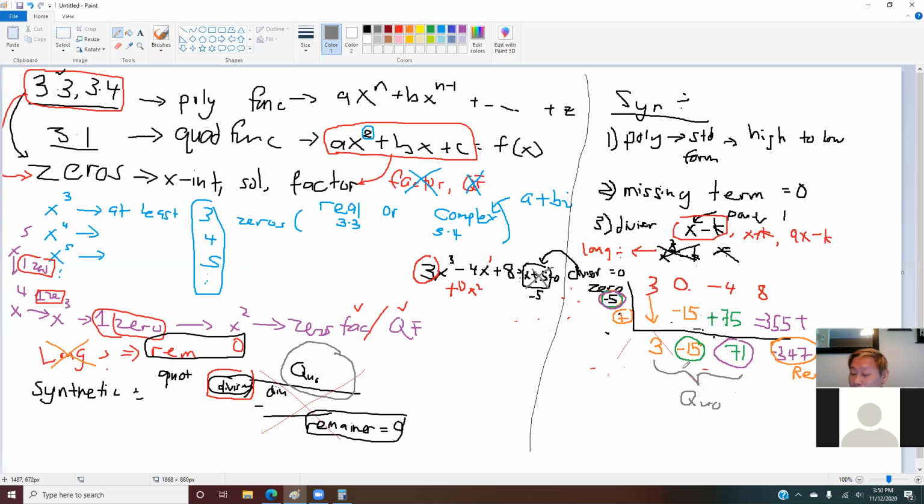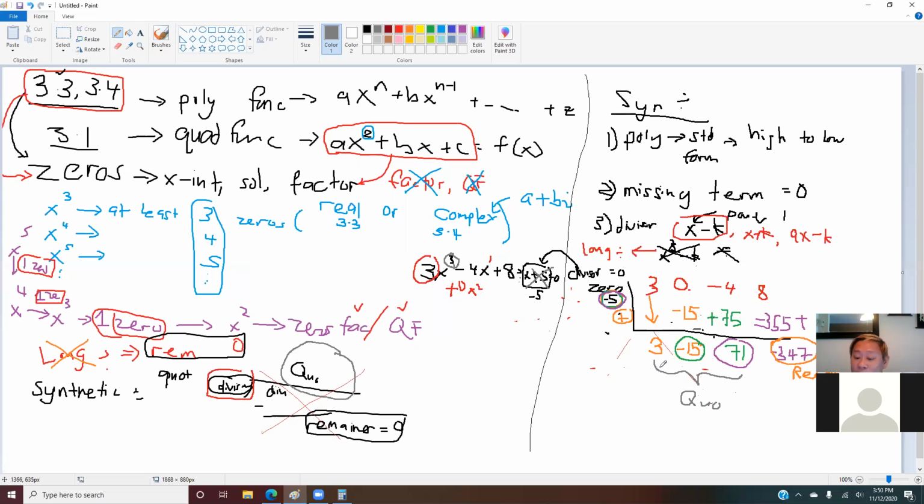And how do we write this quotient? We write it back in polynomial form. Because you start out with power 3, when you perform synthetic division, you will get power 2. So you get 1 degree less. If you start with power 4, then you end up with power 3. If you start with power 3, you end up with power 2.